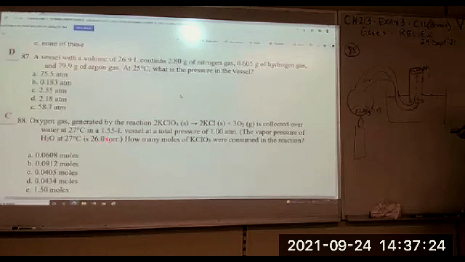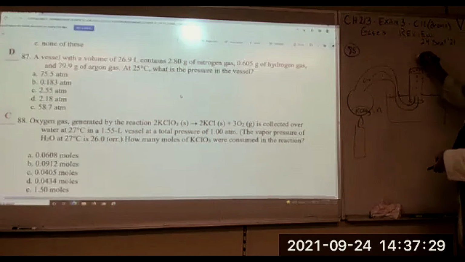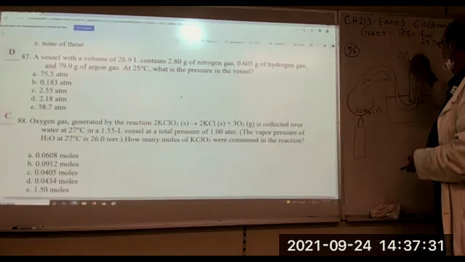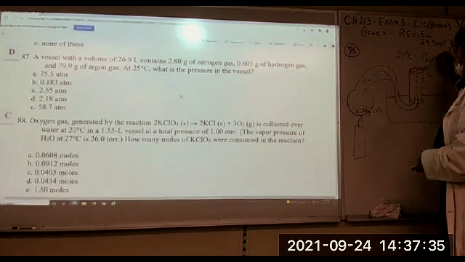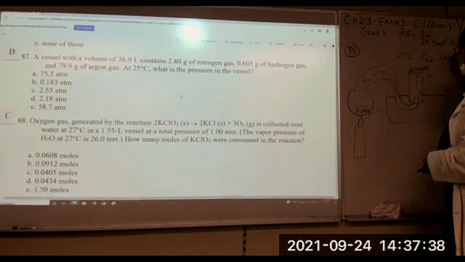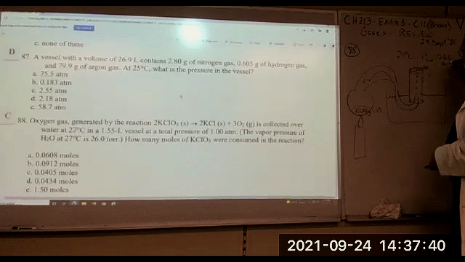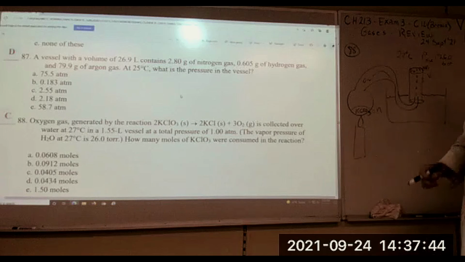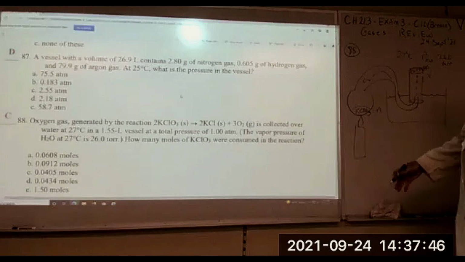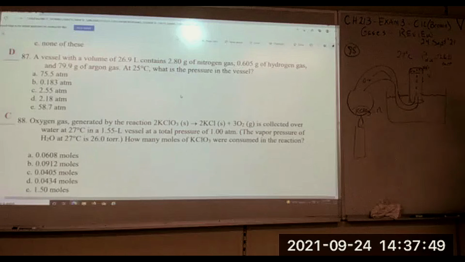Vapor pressure of water at 27 degrees is 26 torr. So at 27 degrees, pressure of water equals 26 torr. What's a torr? A torr is a millimeter of mercury. I guess they wanted to honor Torricelli. So 1 torr is 1 millimeter of mercury.